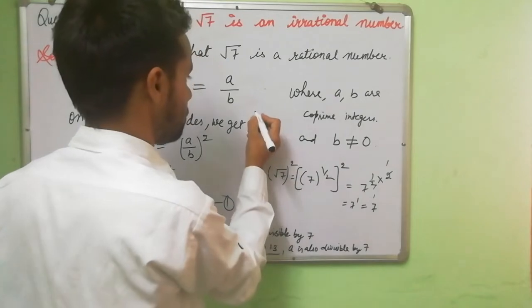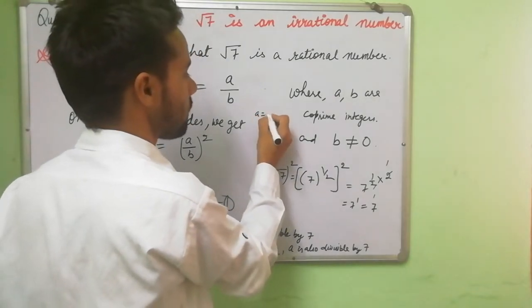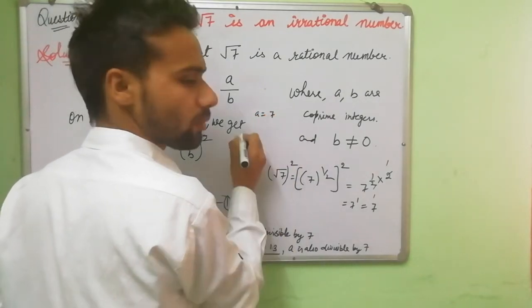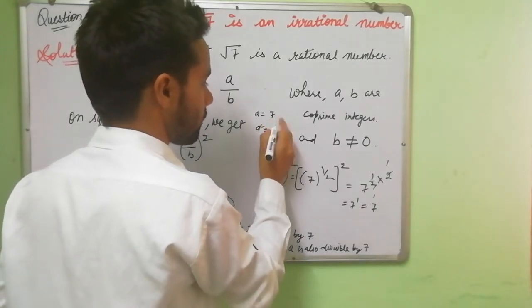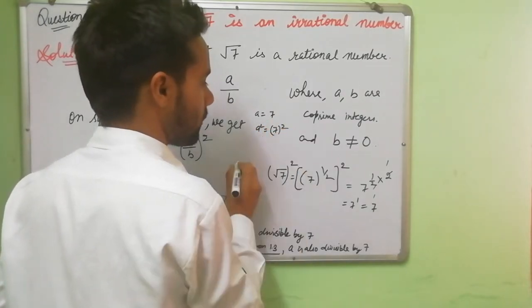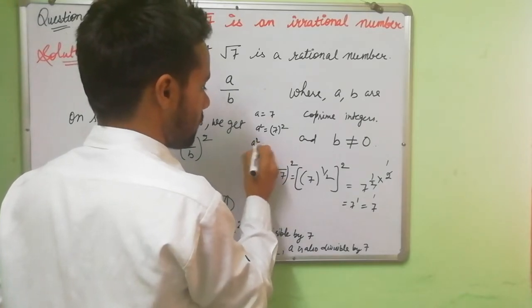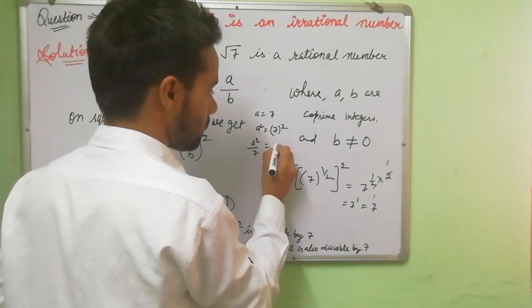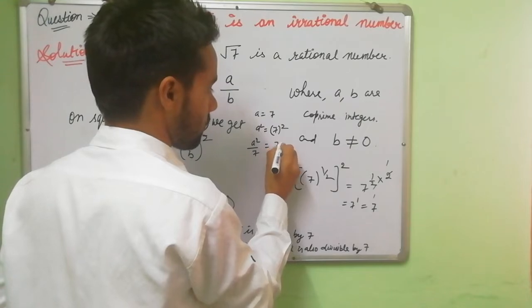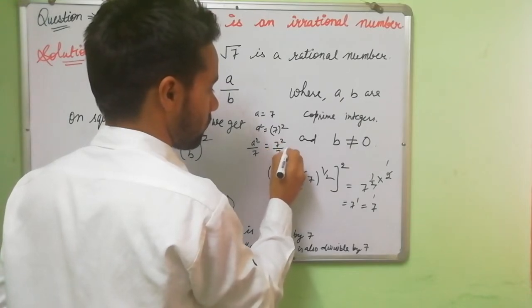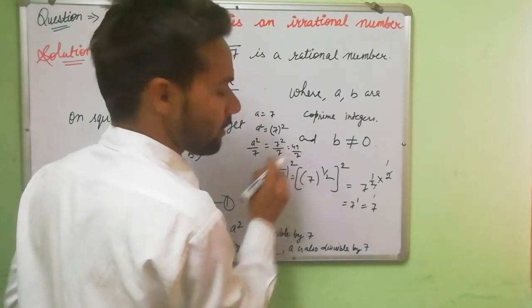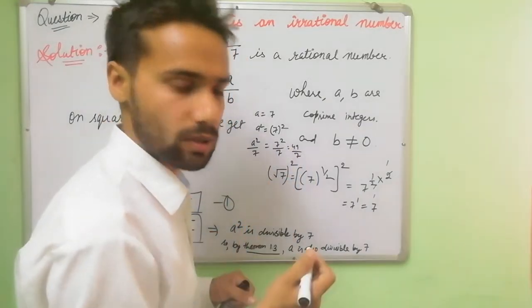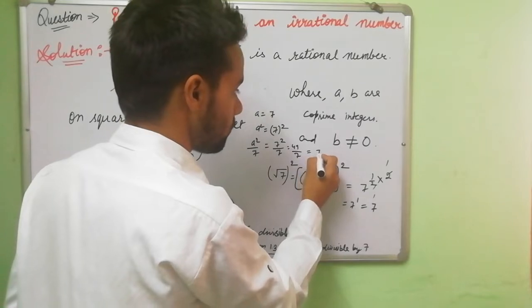You can take this number. If I take a as 7, then a square becomes 49. If a square is divisible by 7, 7 divides 49 seven times, and then you get 7.